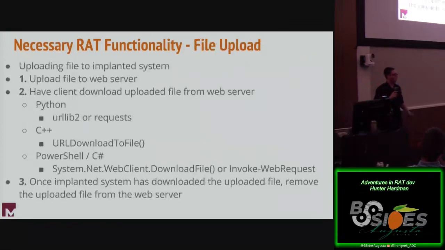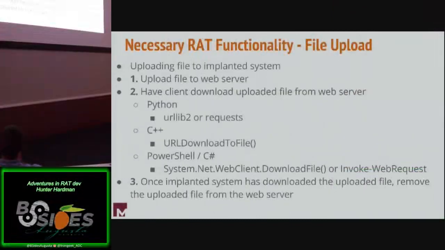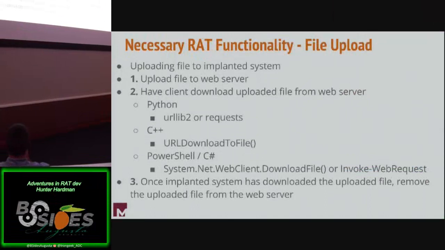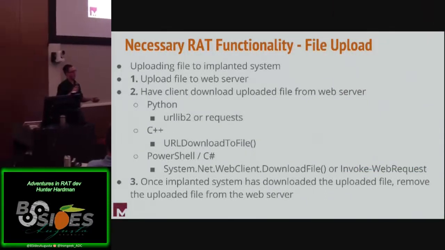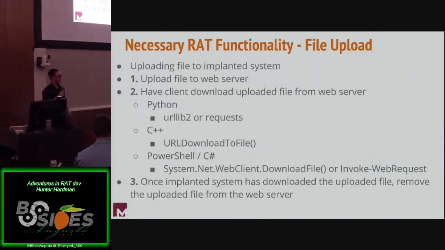As far as file upload, this is uploading a file to an implanted system. First, you're probably going to want to upload it to the web server, that way the implant can access it. Then the implant is going to beacon out, determine if it has any tasks, determine that it needs to download an uploaded file, and pull it down from the web server.